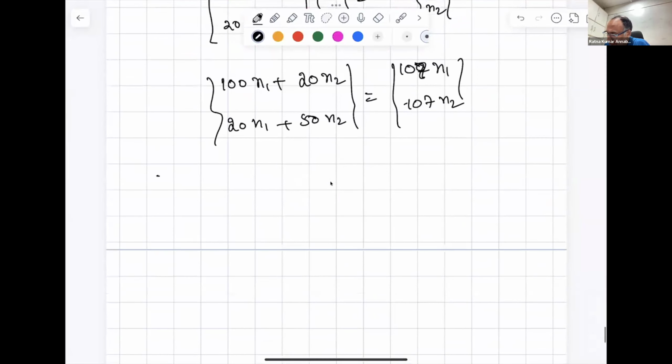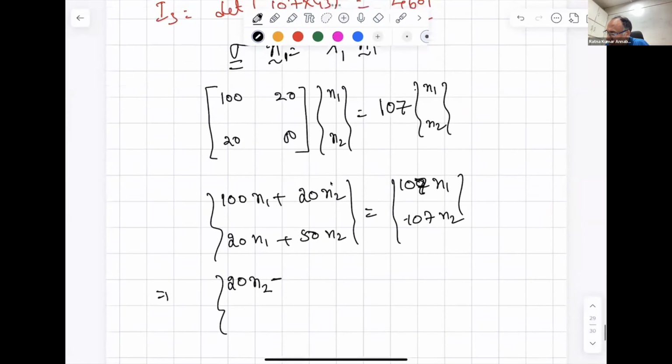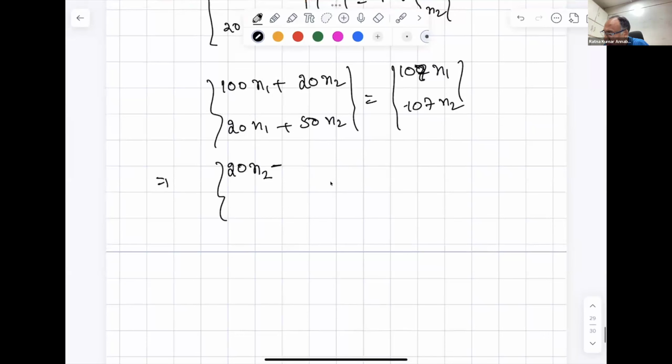That means these are the two equations, no? 20 N2 minus 7 N1 equal to 0 and 20 N1 minus 57 N2 is equal to 0. Right?